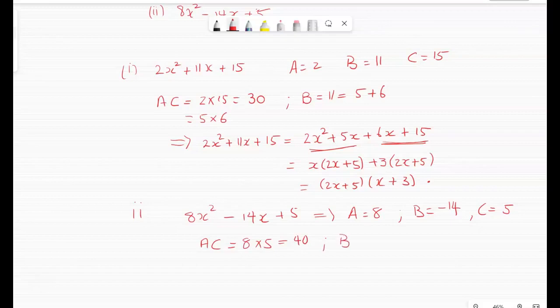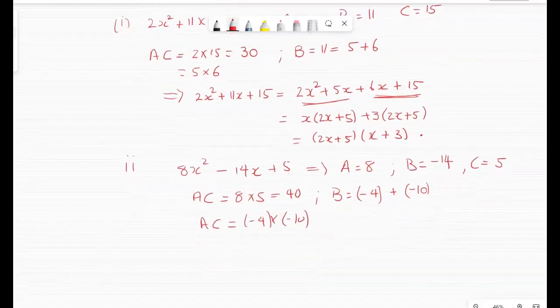and b is equal to minus 4 plus minus 10, that is minus 14. And you can see immediately that AC is also equal to minus 4 times minus 10, because AC is equal to 40.